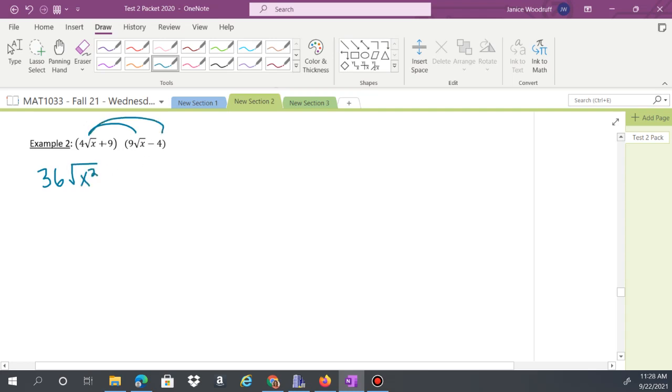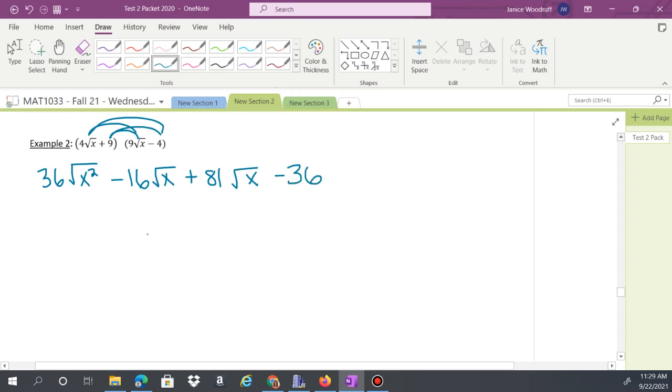Okay, then our outside, 4 root x times negative 4. So 4 times negative 4 is negative 16. Square root of x just carries over. Our 2 inside terms, 9 times 9 is 81. And then you carry the square root of x. And then you just have normal terms here. 9 times negative 4 is negative 36.